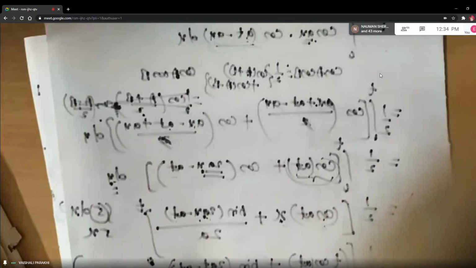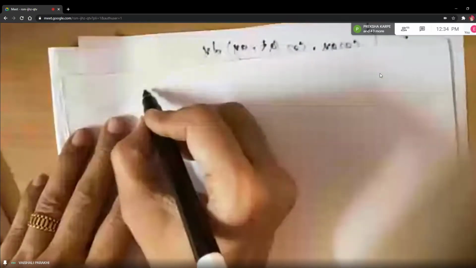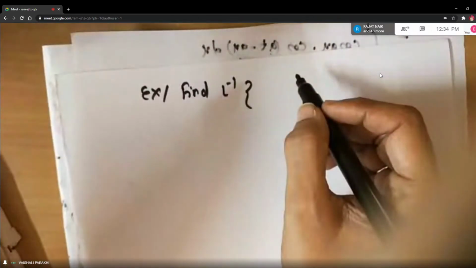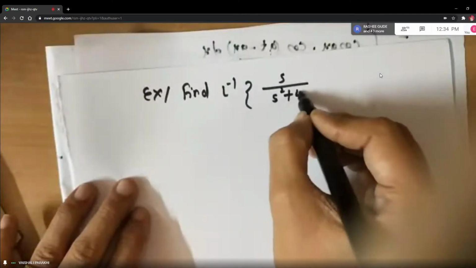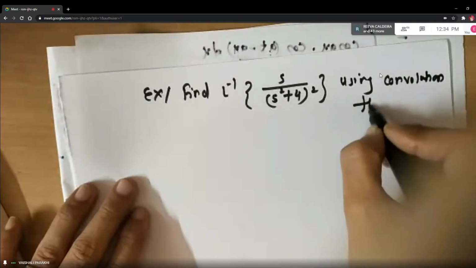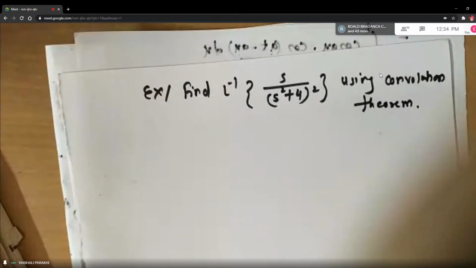Find L inverse of s upon s square plus 4 the whole square by using convolution theorem.